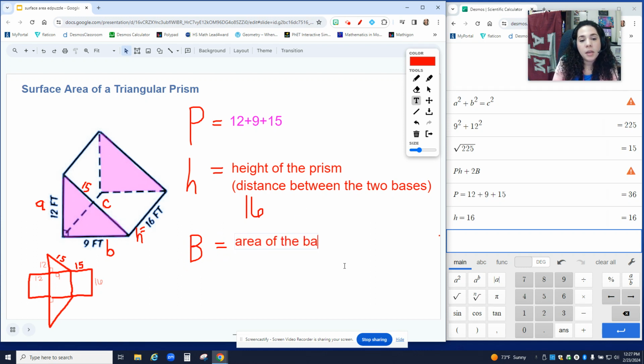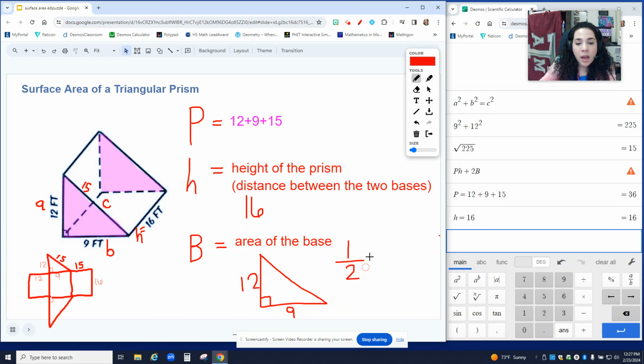Area of the base. And that depends on the shape of the base. Now remember, the shape of the base is the triangle here. So when we're calculating the area of this triangle, we want to look at, well, what is the formula that we use for the area of a triangle? So a triangle is going to be 1/2 the base times the height.